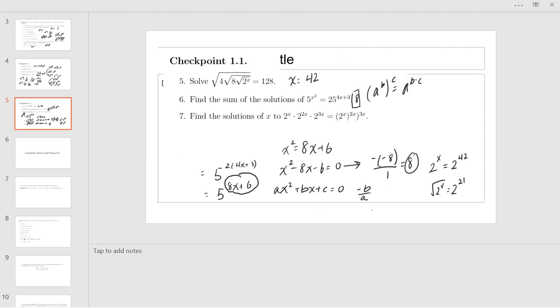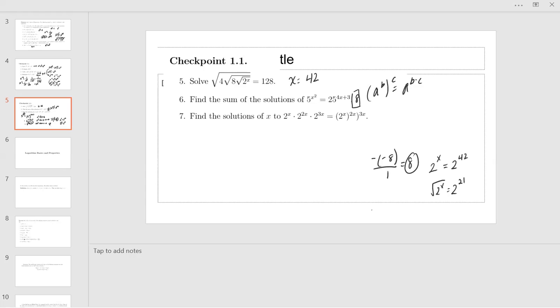Now for the last one, again we're given an equation in x, and we want to find the solutions to this equation. So remember that when we multiply a to the b times a to the c, we just have a to the b plus c.